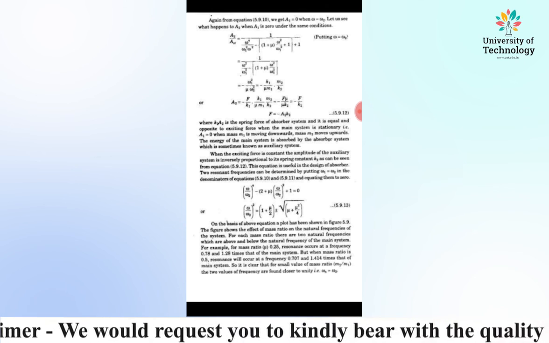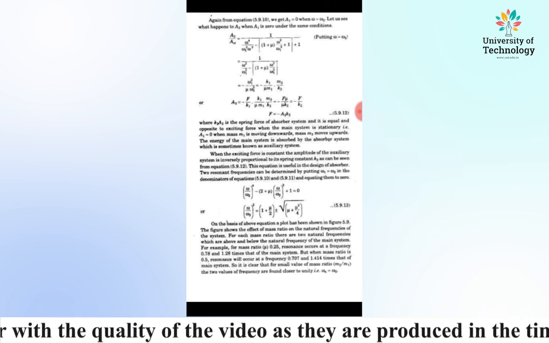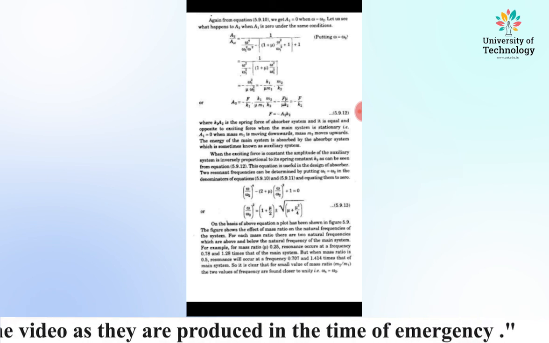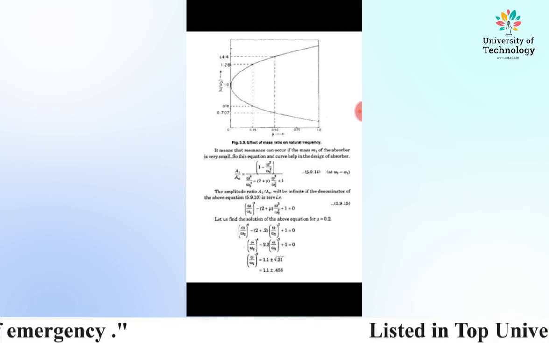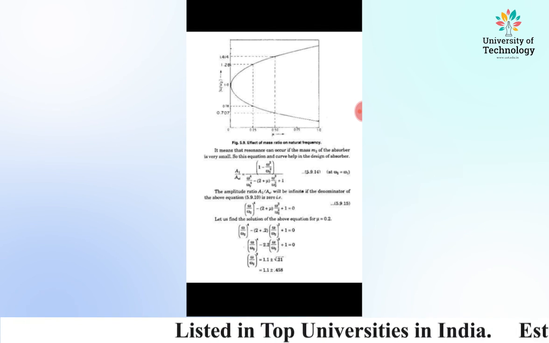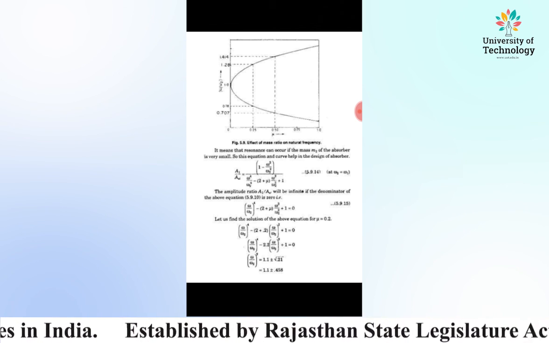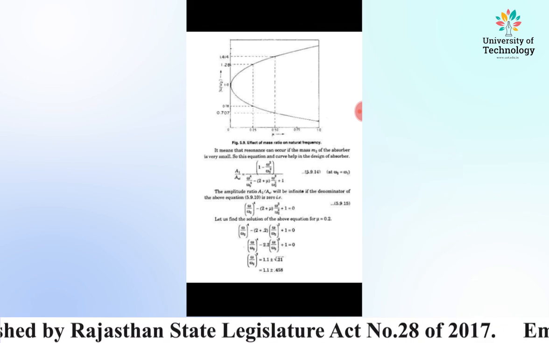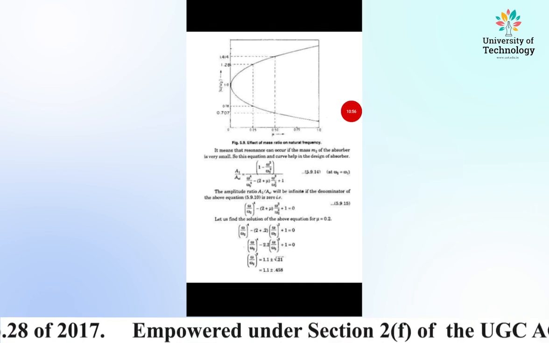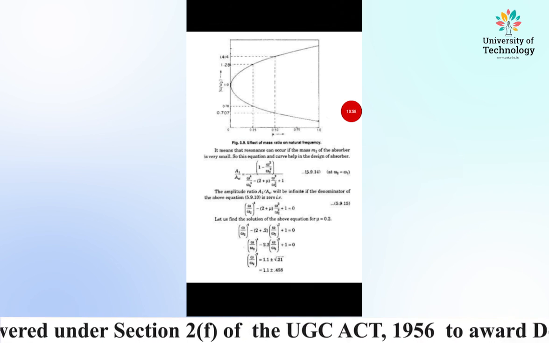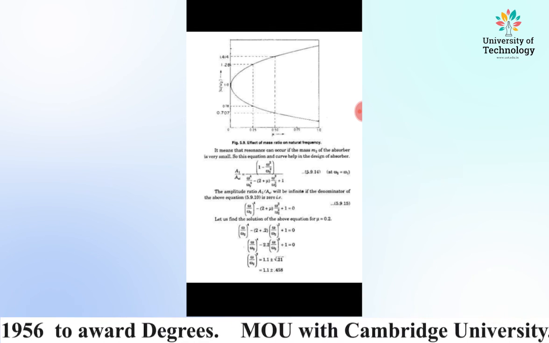So it is clear that for a small value of mass ratio, the two values of frequency are found closer to unity, as shown in the diagram, from where the value of A1 and A static is equal to this, and (omega by omega 2) squared is equal to 1.1 plus or minus 0.458.